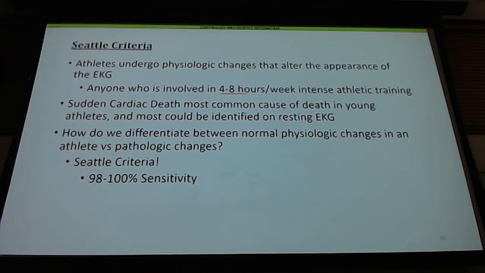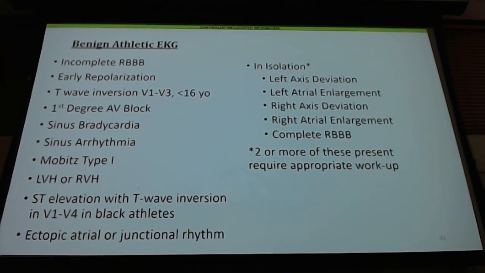And you can see it has a great sensitivity, 98 to 100% sensitive depending on which study you use. Now, I don't expect you to memorize each one of these criteria. Just know that if you have an athlete, you have to apply the Seattle criteria. That's all I want you to know about this, okay?